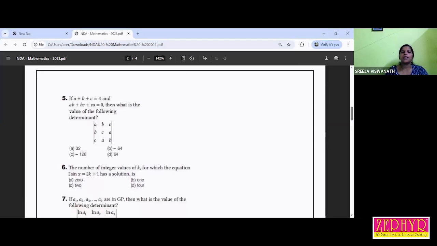If A plus B plus C equals 4, and AB plus BC plus CA equals 0, then what is the value of the following determinant? Solve.